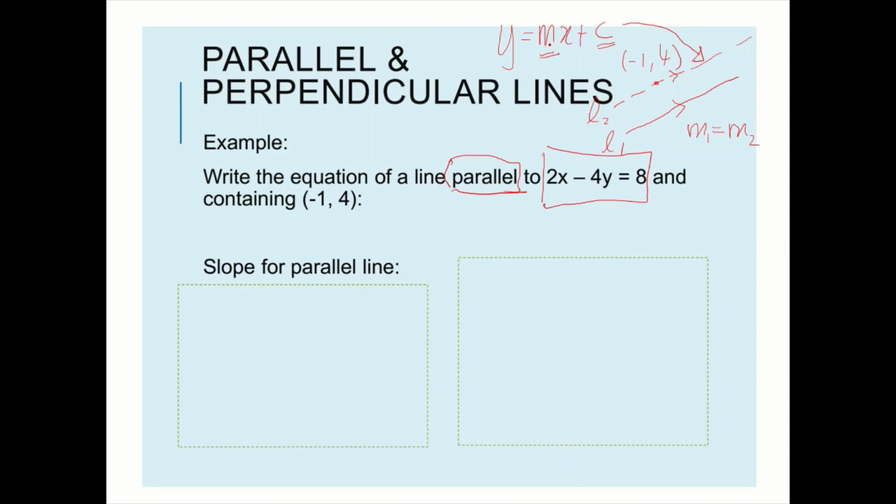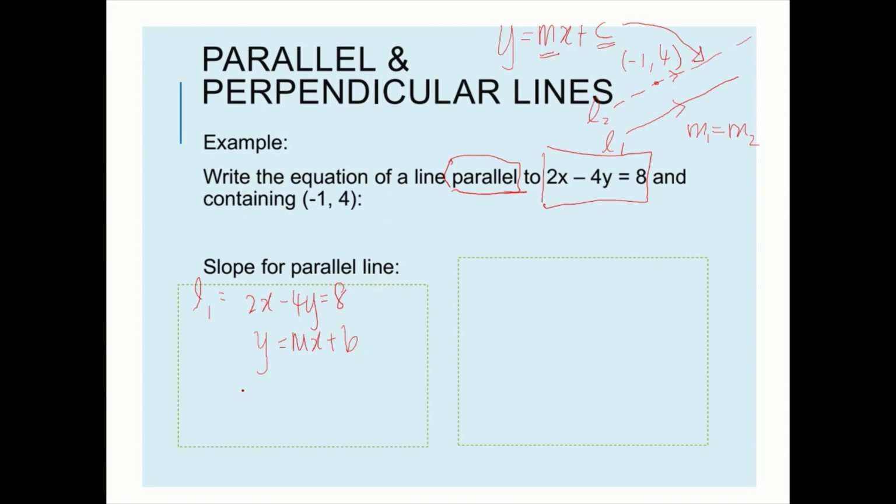So how to find the m? All right, so we are going to find the m by using the first line. According to line 1, 2x minus 4y is 8. So we need to change this to the form y equals mx plus b so that we can find the m.